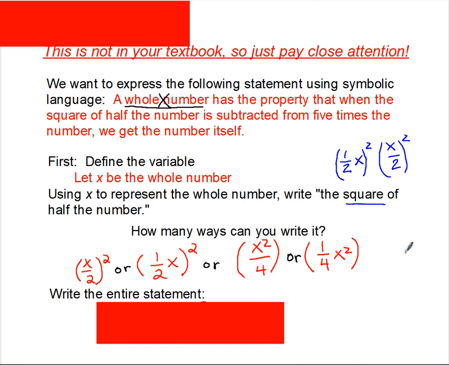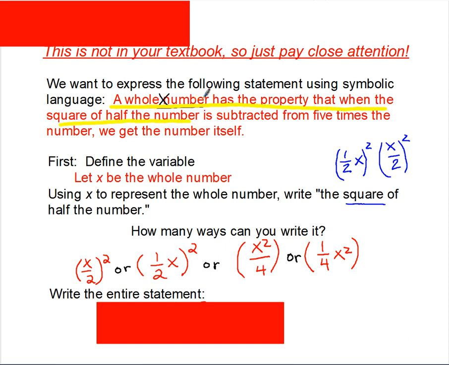So if you did it one way and your friend did it another, that's perfectly fine. They're both correct. Now they want us to write the entire statement. So we have already done, let's see, if I look at this, we have already done this whole part right here.